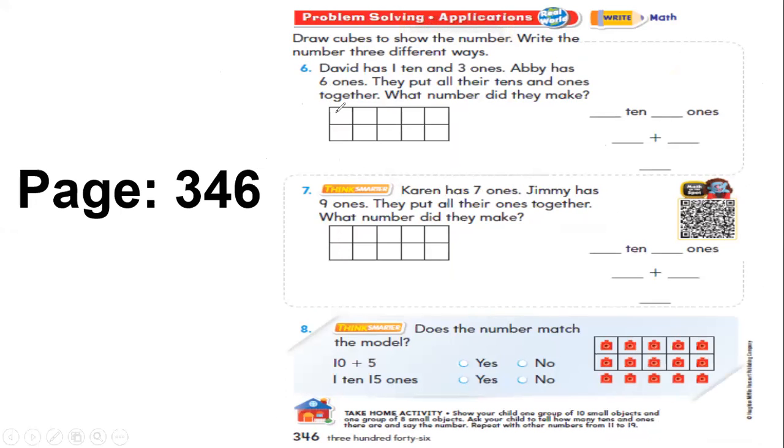Here we are not going to do question number 6 and question number 7. Let's move to question number 8. Does the number match the model? There's a model here. So does this number here, we have two number sentences. So does it match? We have to write yes or no.